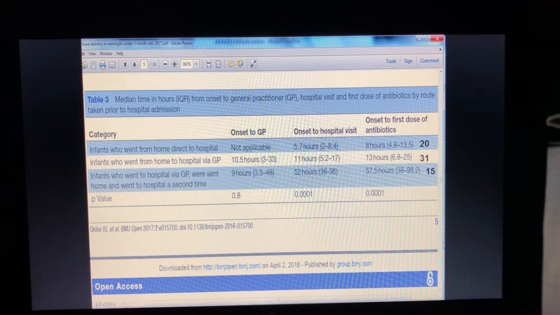And you can see that there's a significant delay in time of onset of symptoms to the first dose of antibiotics, particularly in that group who were sent home and then reattended.